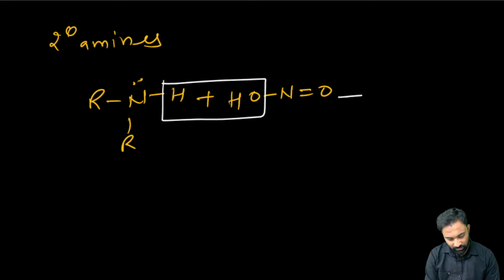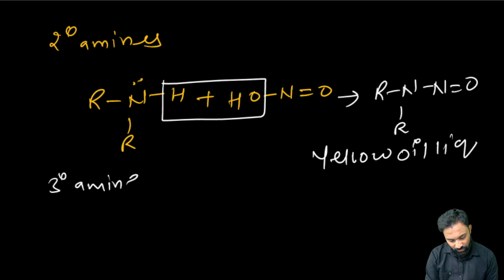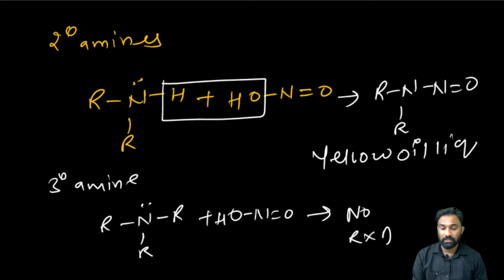Now as the H2O has been eliminated, we will get one yellow colored oily liquid. Now for the 3 degree amine, there is no hydrogen to react. Now this is a 3 degree amine. No reaction. Right?